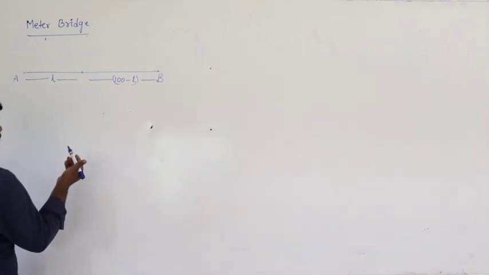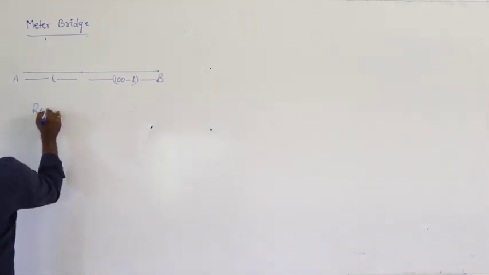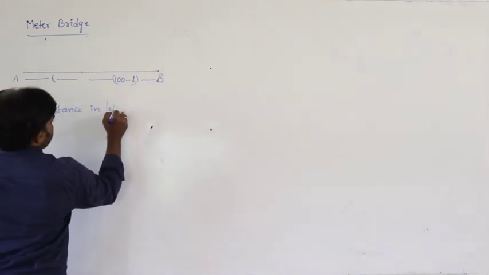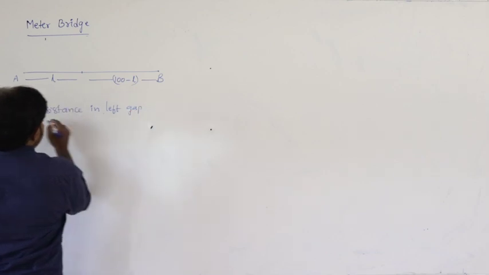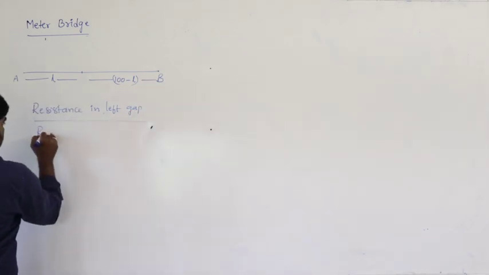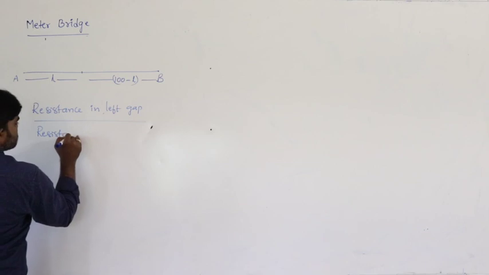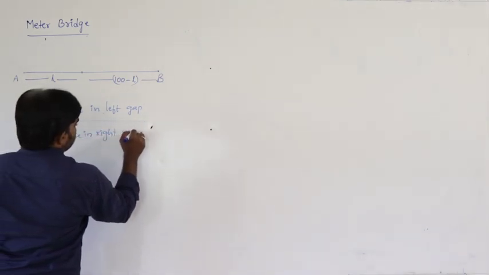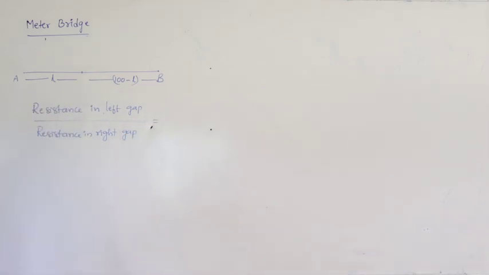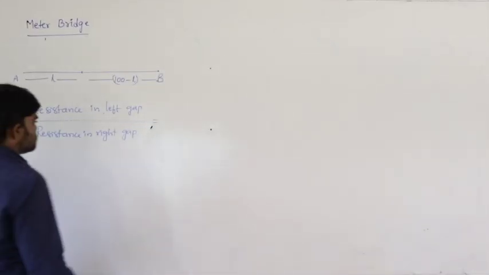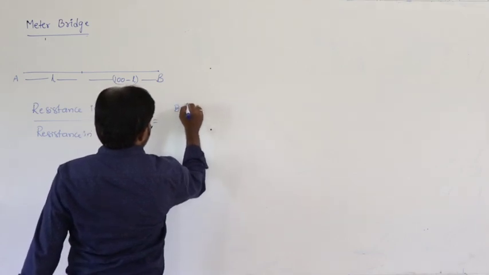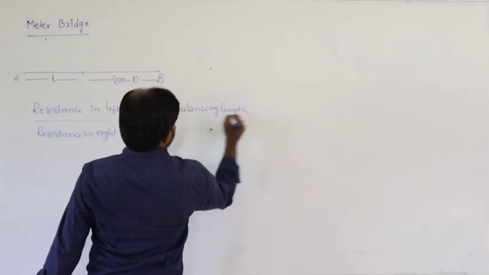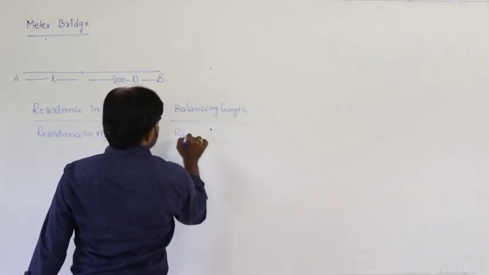So the condition is, what is that? Resistance in the left gap divided by resistance in the right gap is equal to balancing length divided by remaining length.